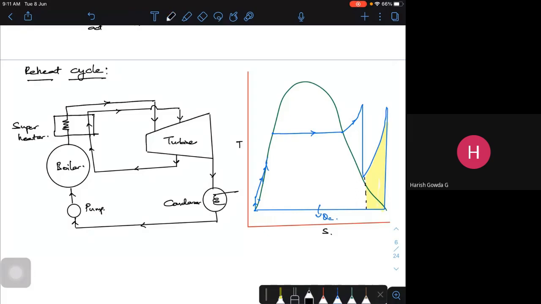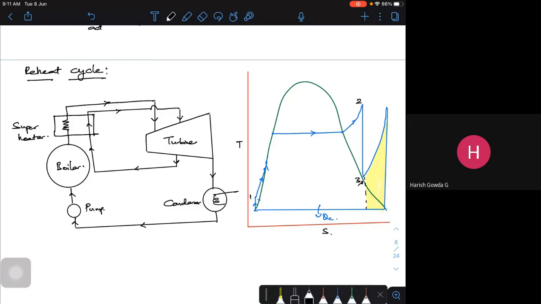If I call this as 1, it will go to the point 2, then it gets expanded. So the actual expansion, let me call it as 3s. Now, when it's expanding, what happened to this particular pressure?